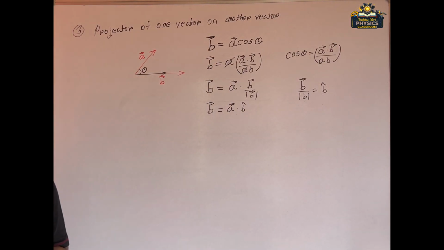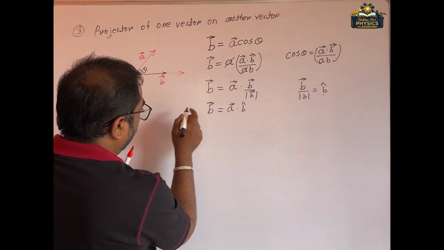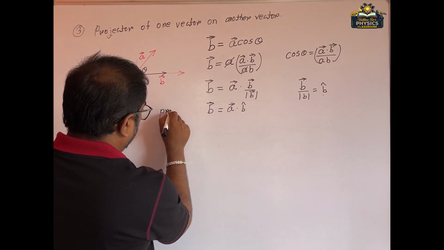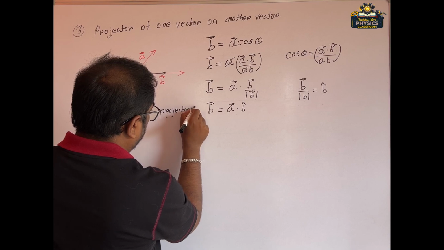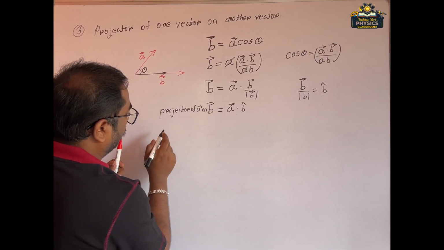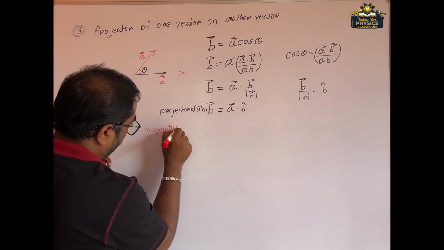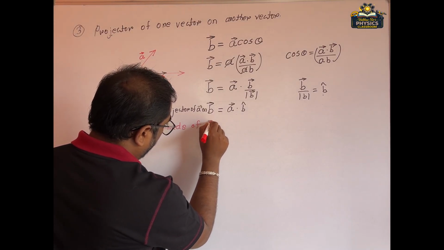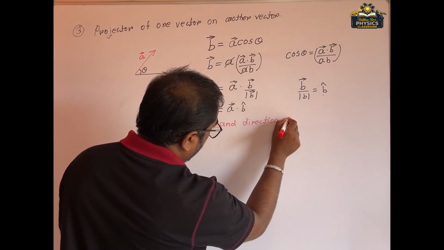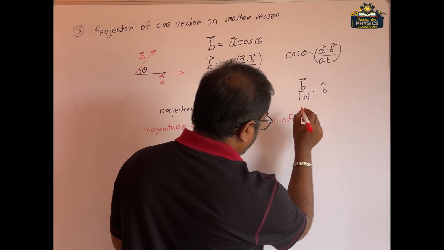If I want to project on b, the projection of a on b vector means we have the magnitude of a and the direction of b vector.